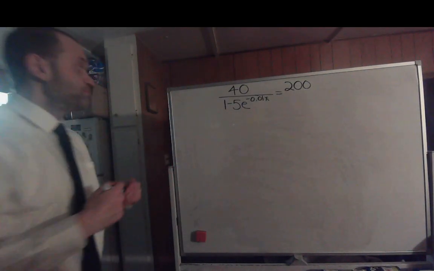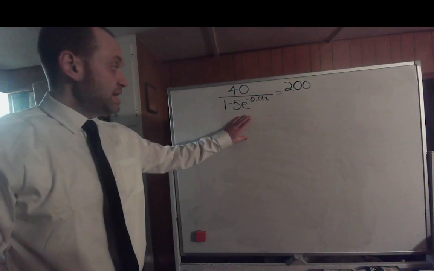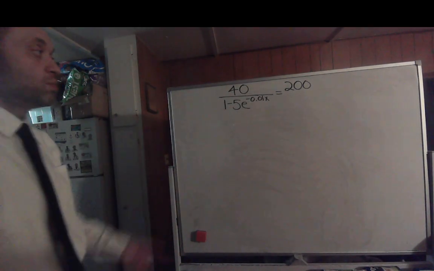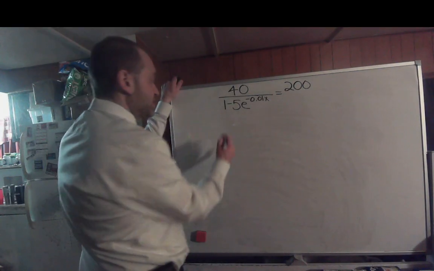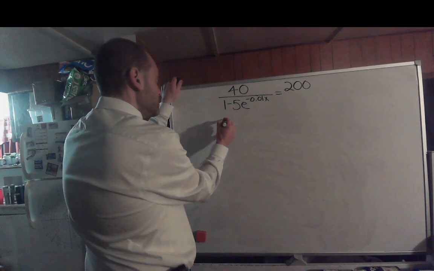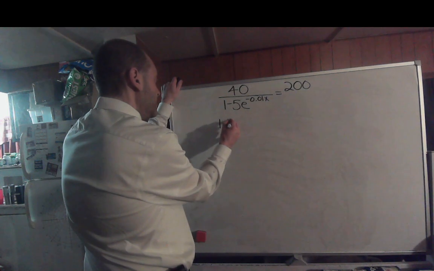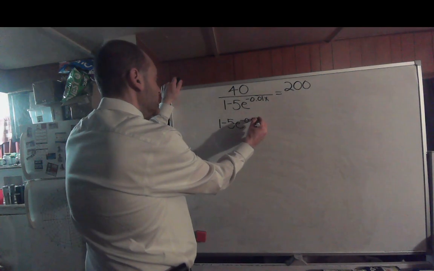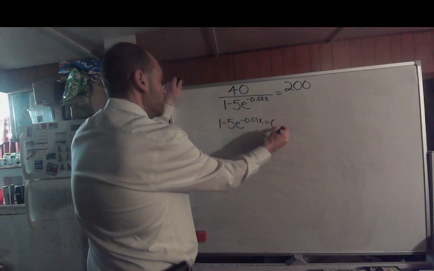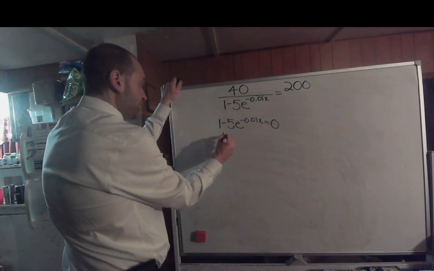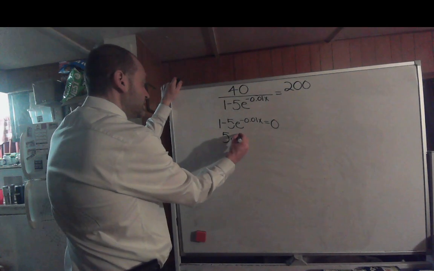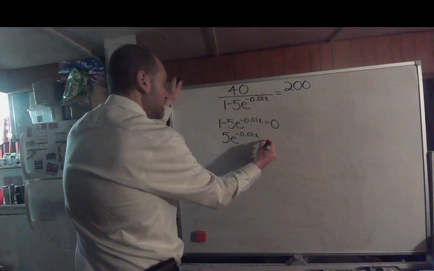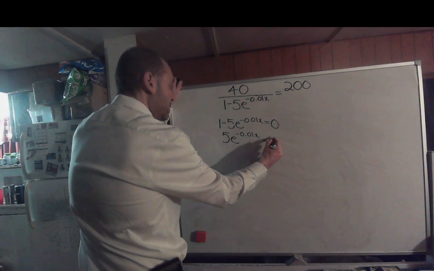Alright, so we got to look at the denominator. Is there any chance the denominator could equal 0? Well, let's set the denominator equal to 0. So you'll end up having 1 minus 5e to the negative 0.01x equal to 0, which would mean that 5e to the negative 0.01x equals 1.